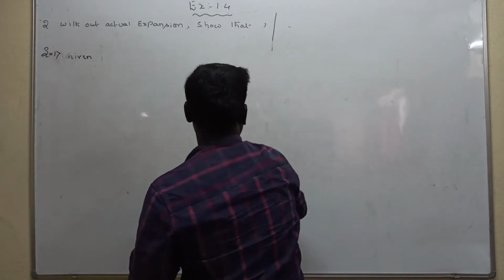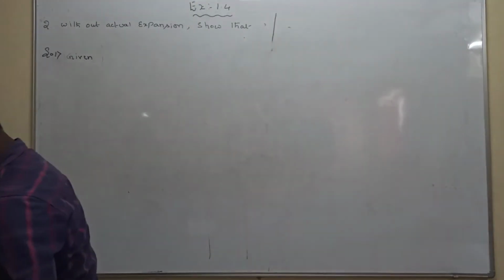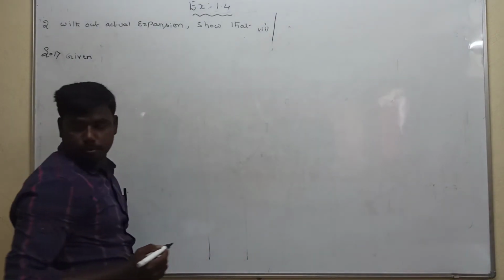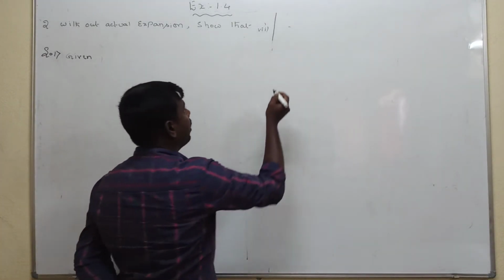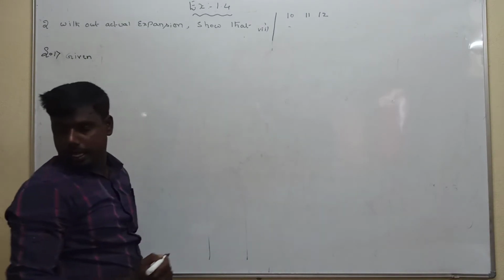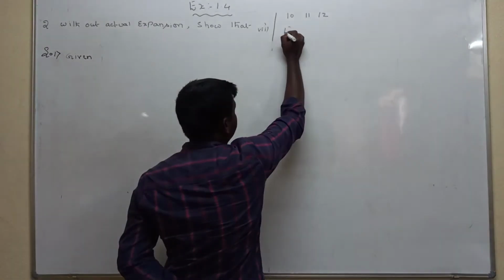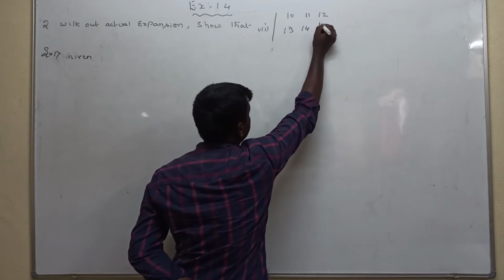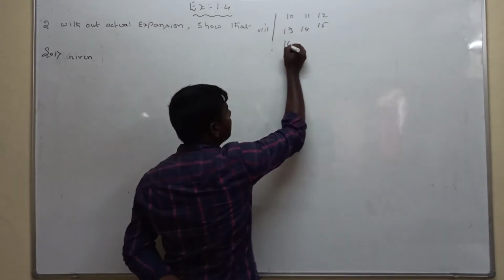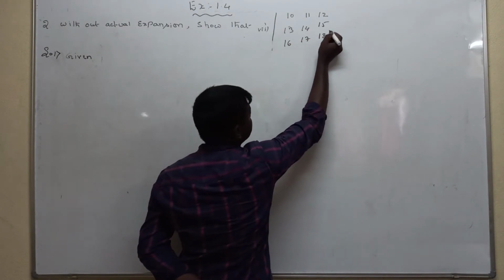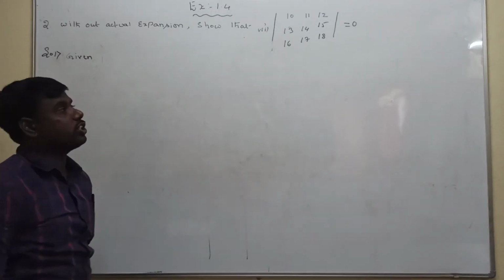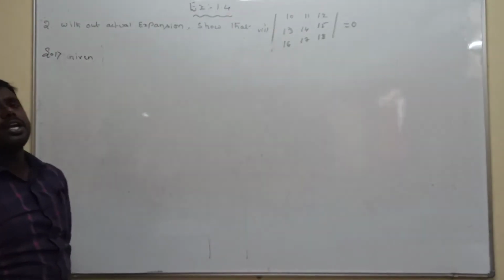See question number 7: 10, 11, 12, 10, 11, 12, 13, 14, 15, 13, 14, 15, next is 16, 17, 18 is equal to 0. As in the previous question, this question is the same thing, but the elements are different.